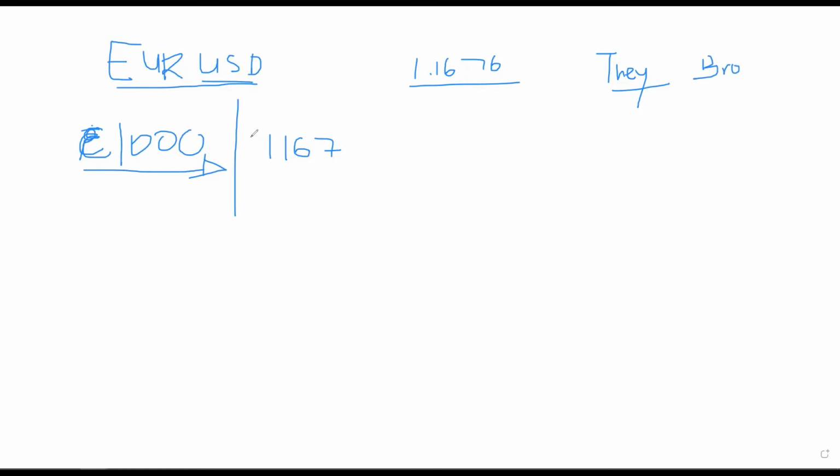Then the broker is telling you this is going to cost you $1,167. Okay, that's your broker, right? It's telling you that. So you're going to have to give the broker this much to actually get this much of euros, right?